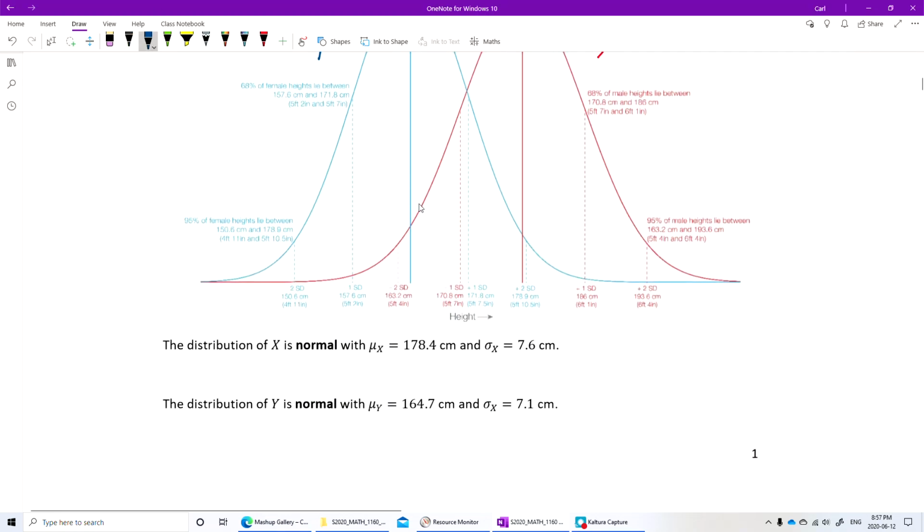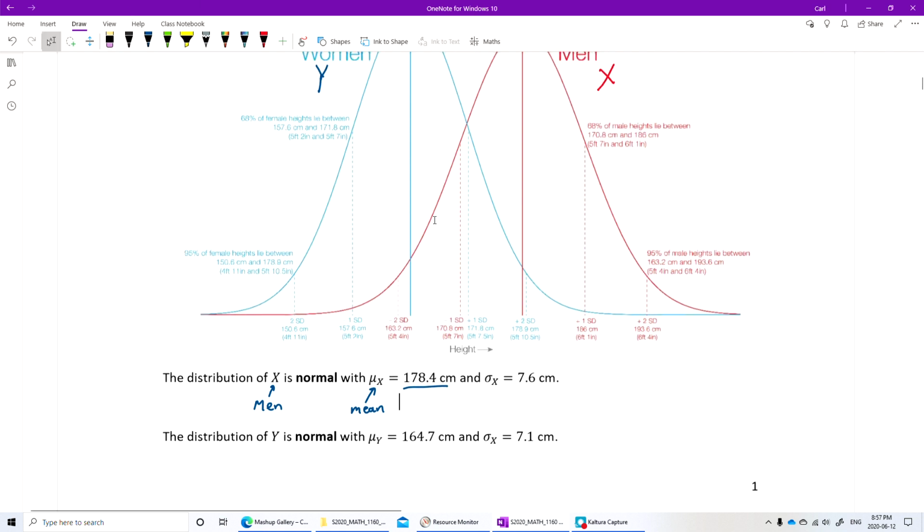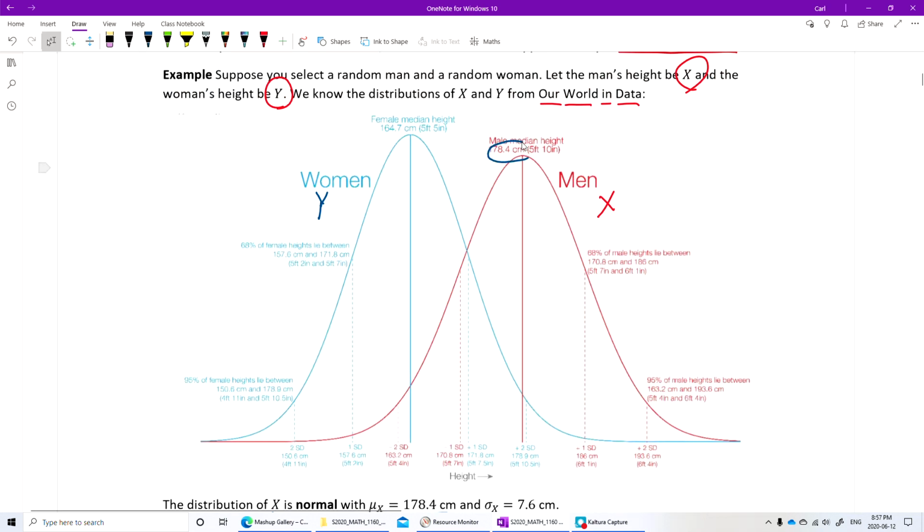Now, if you read these figures carefully, you can pull out that the distribution of x, the men's heights, is a normal distribution with the population mean being 178.4 centimeters. So where's that coming from? It's just the center. It's also the median, right?